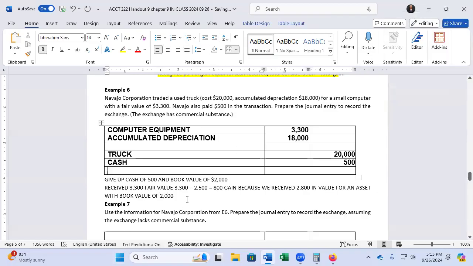So a debit would be a loss. So we don't have a debit here. So we have a credit for gain on disposal. And that is 800. And we always check, does the entry balance? 21,300, 21,300.